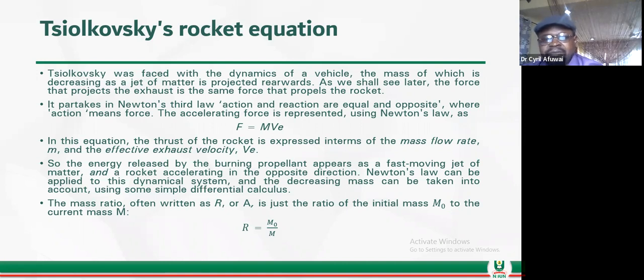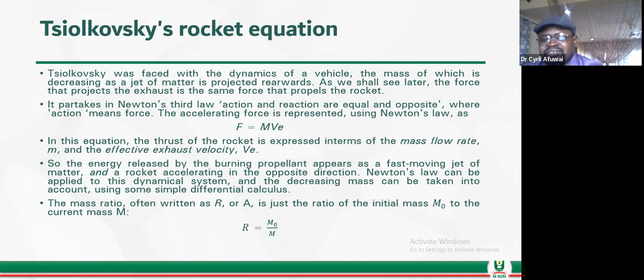Okay. Now, this partakes in Newton's third law, that action and reaction are equal and opposite, where action means force. Then the acceleration force is represented using Newton's second law, as force F is equal to m times v, where v is the velocity of the exhaust.